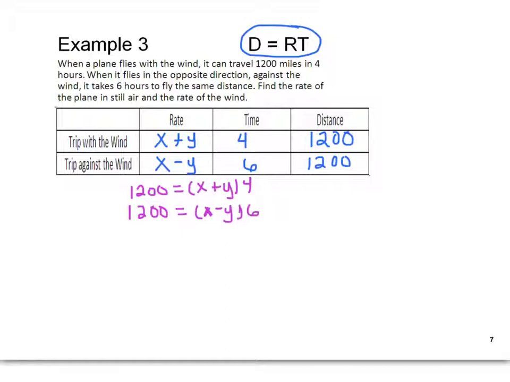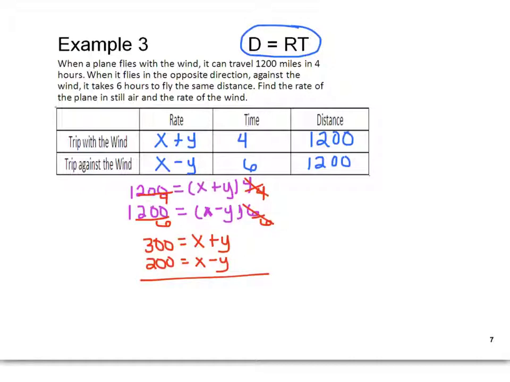Your first inclination might be to go ahead and distribute, and that would be fine, but it'll actually be easier if, since we're multiplying by 4 on the first one, we divide by 4 on both sides. That gives us 300 equals x plus y. On the second one, we can divide by 6 on both sides instead of distributing. So 200 equals x minus y.